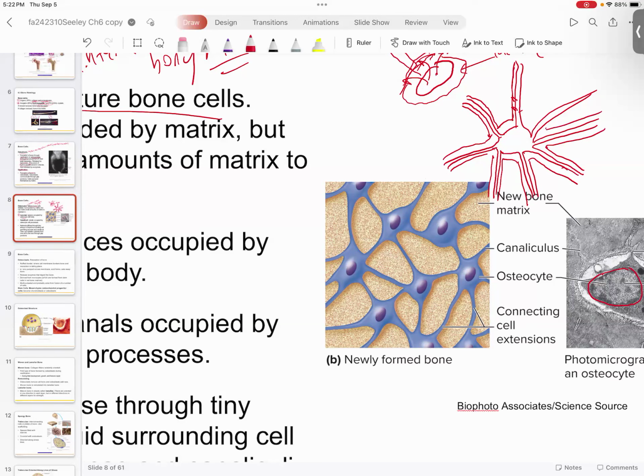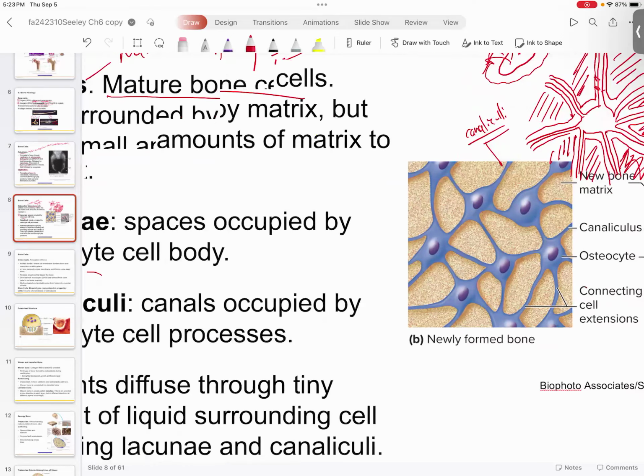For some reason, I feel like drawing tonight. But these little bony projections like this. This is all bone, all the bony matrix. These little extensions then become canaliculi, tiny canals that allow the osteocyte to collect nutrients and things of that nature.